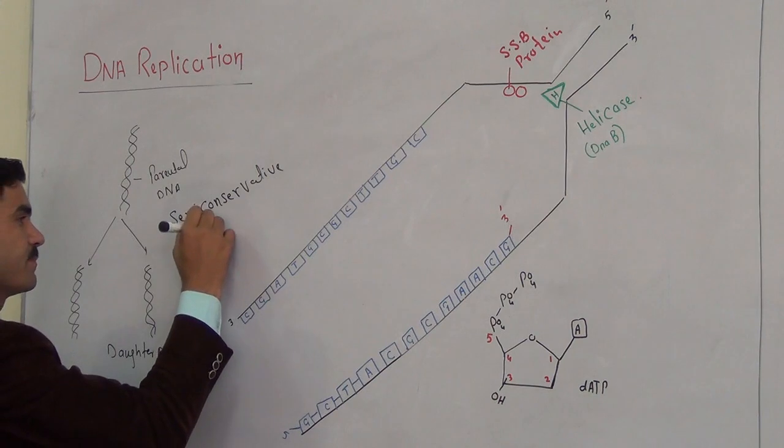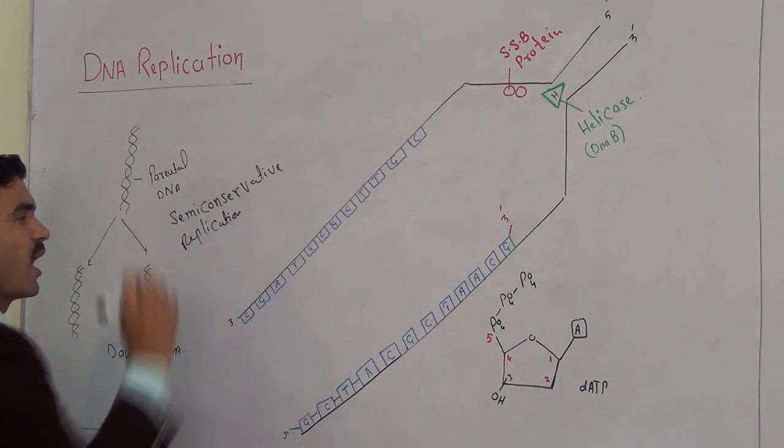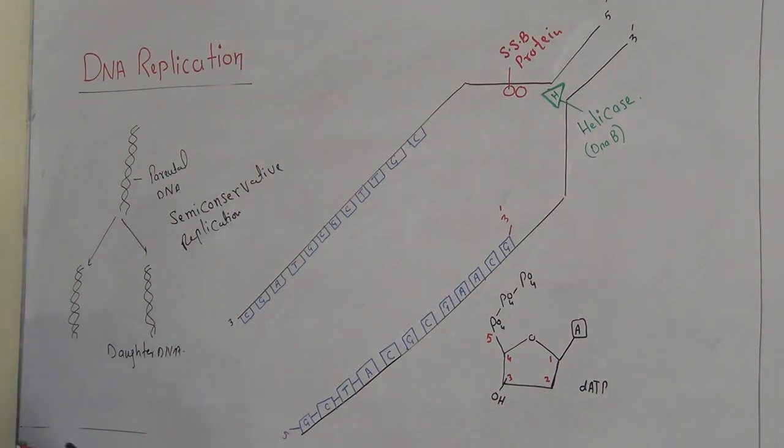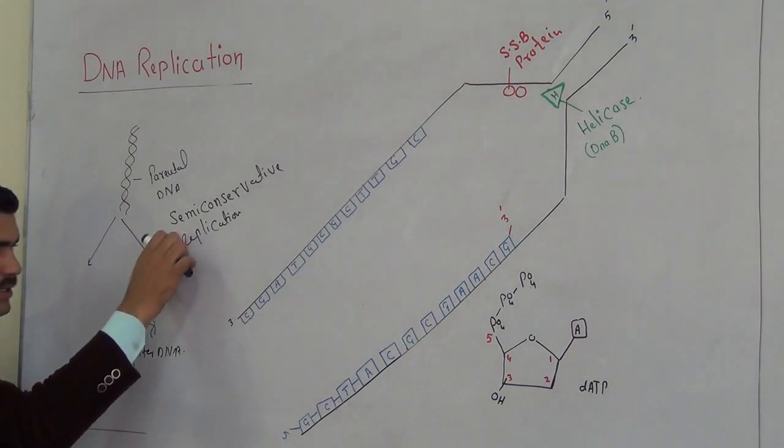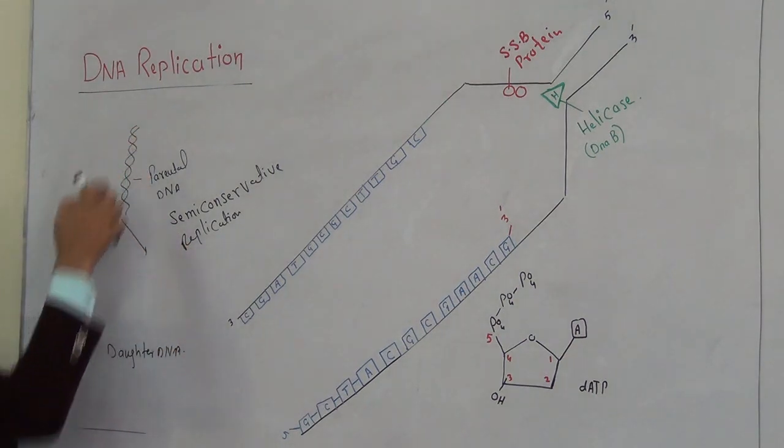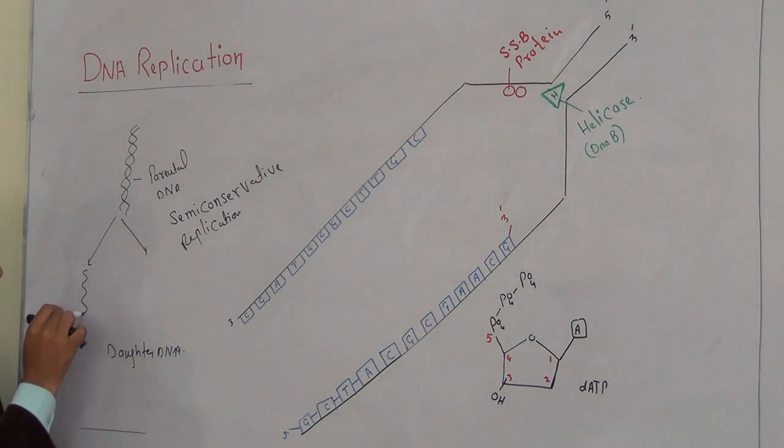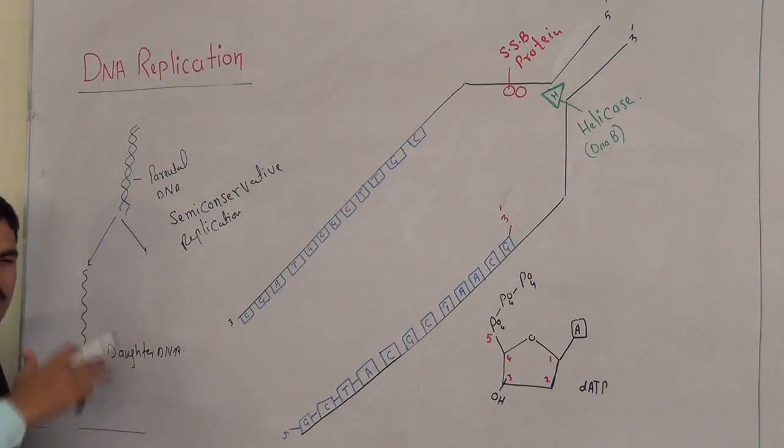Semi-conservative replication. Semi means half, mostly half. Once the DNA is replicated, first of all, the two parental strands are separated. It is not the detail, it is just the beginning.